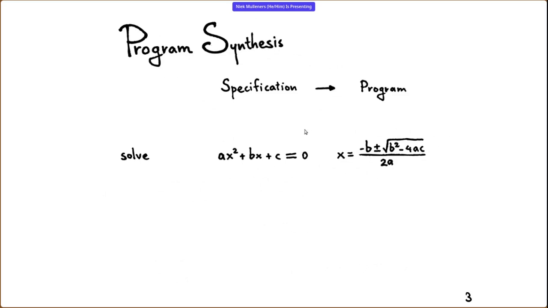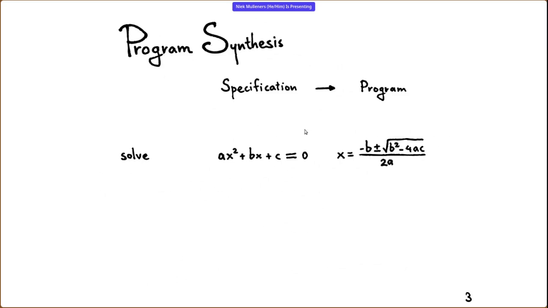Now we can see this as a sort of program by substituting in the values of a, b, and c, and then doing some normalization steps to come to the answer. Yeah, this is more like a mathematical ideal.